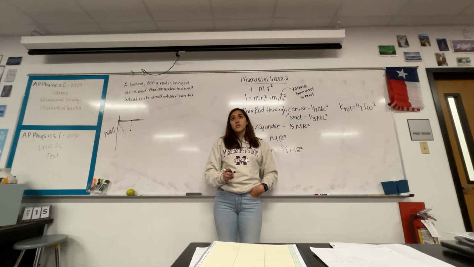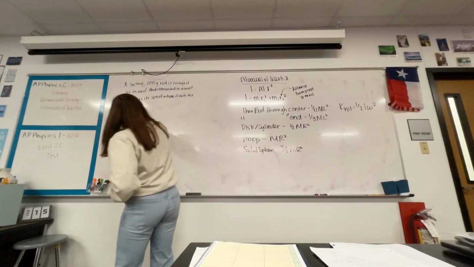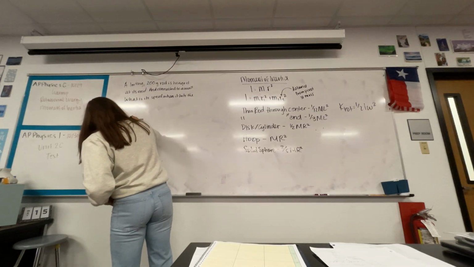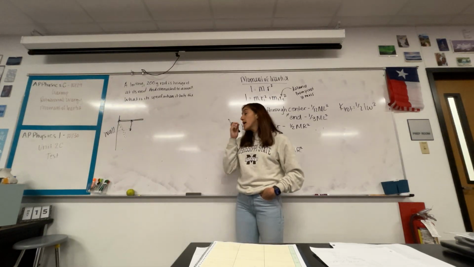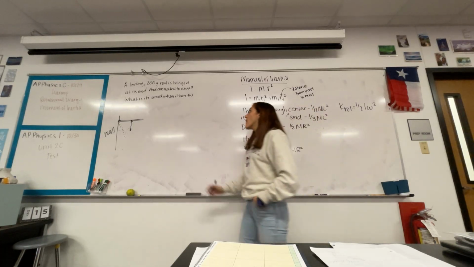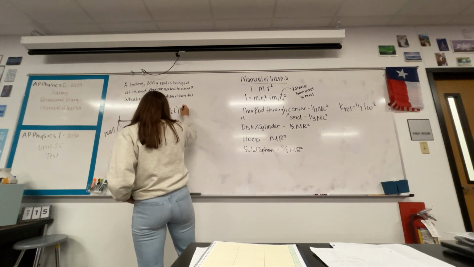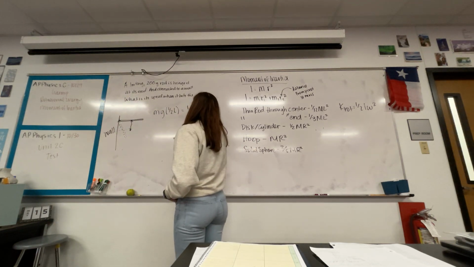Gravitational potential energy, right? And what amount? What is this height? The full L? I would say 1/2 L. So mg 1/2 L is going to equal 1/2 I W squared.